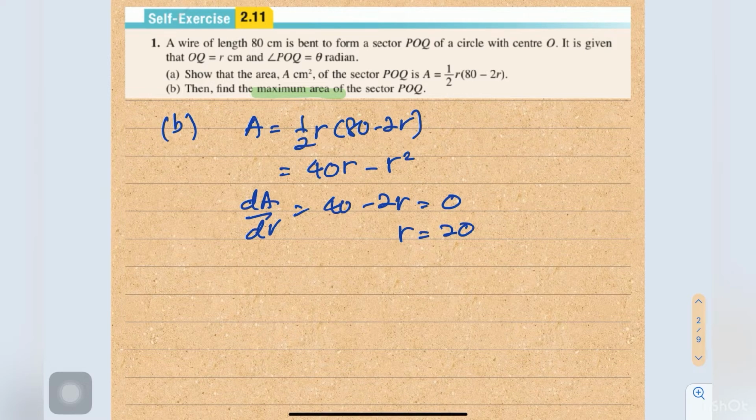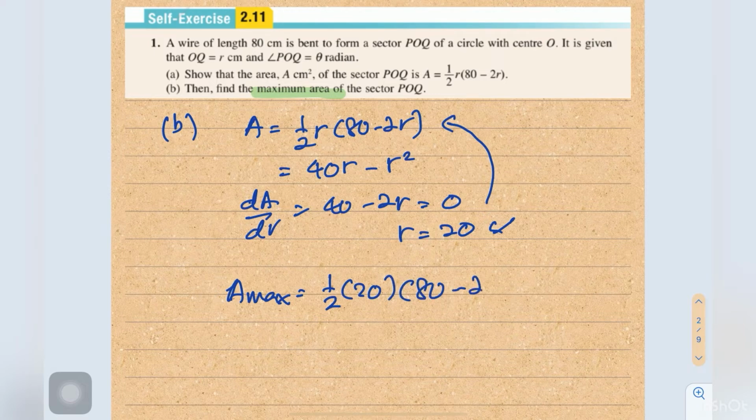Then the question asks you to find the maximum area. This is the radius that makes the area maximum. So you have to substitute R equals 20 into the given formula. So area maximum equals 1 over 2 times 20 times 80 minus 2R. Oh sorry, R is 20, we substitute R equals 20.